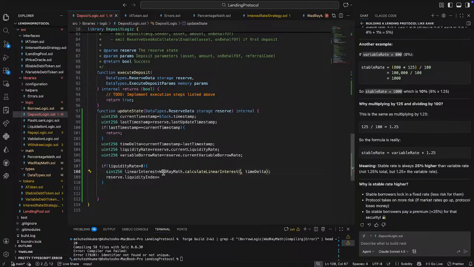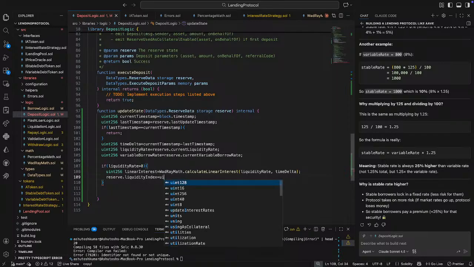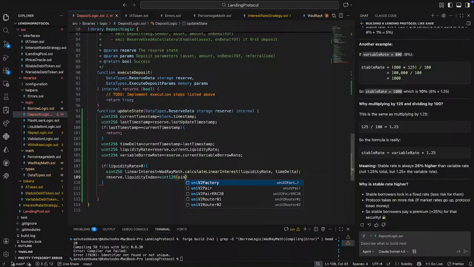We have actually passed the liquidity rate. We have to pass the current liquidity, I'll reserve dot current liquidity, rate into time delta. Then we are just going to update with uint128, typecast to uint256.